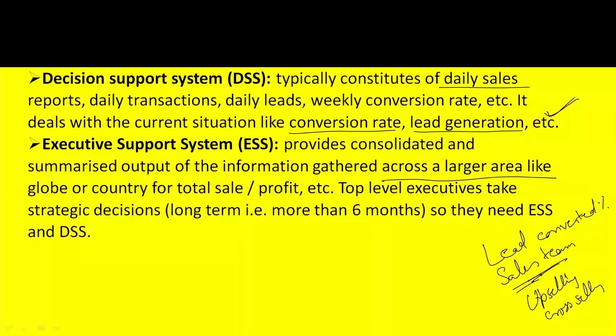So, it provides information for a longer duration also. How was the performance over 6 months? These reports are provided to higher level executives, like vice presidents, associate vice presidents, presidents. Okay. Why? Because these people want a consolidated form of the information.